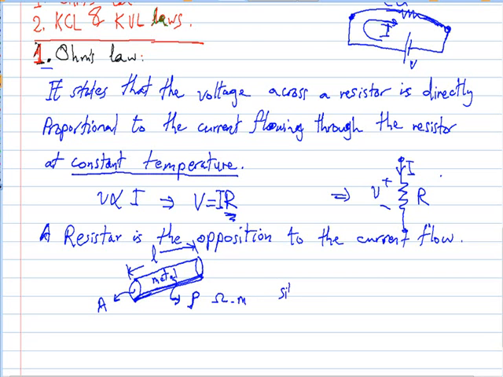For silver it is 1.64 multiplied by 10 to the power minus 8 ohm meter. Then the copper has a resistivity of 1.72 multiplied by 10 to the power minus 8 ohm meter.